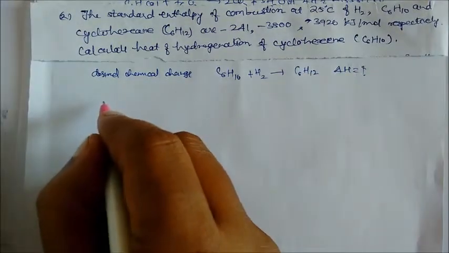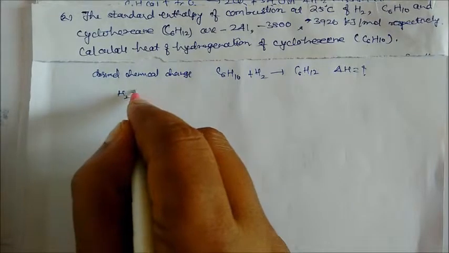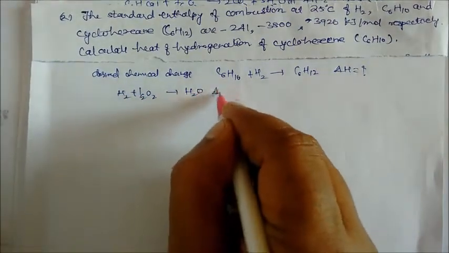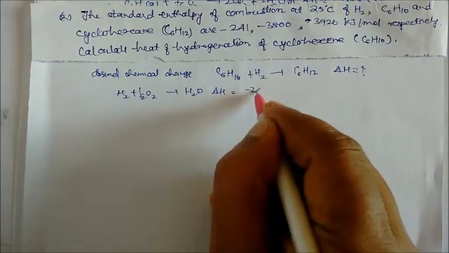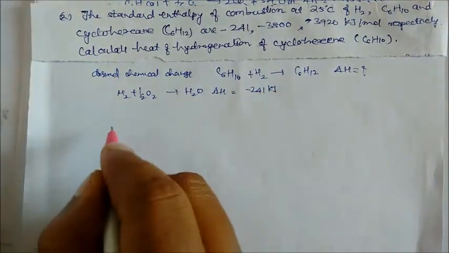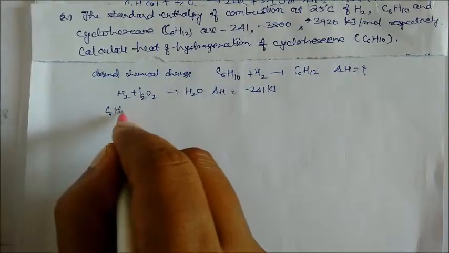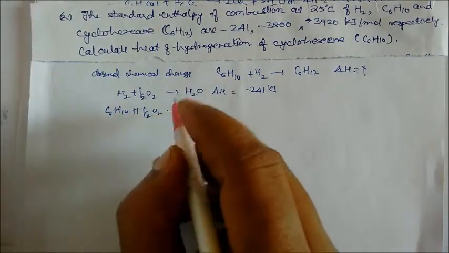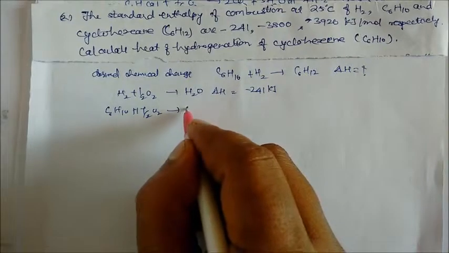Now what is given here? H2 plus half O2 gives water. Here delta H is how much? It is given here as minus 241 kilojoule. Similarly C6H10 plus 17 by 2 O2 gives 6 CO2 plus 5 H2O. The question is already given here, I am just writing it to explain.